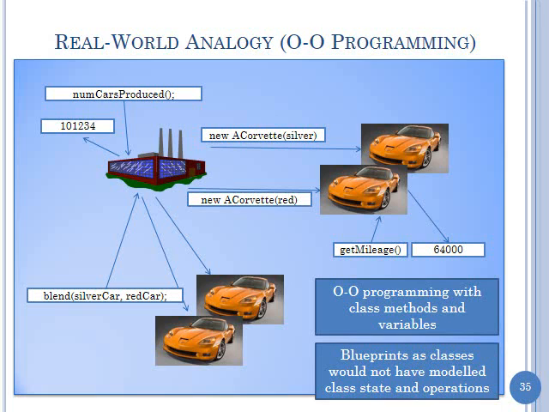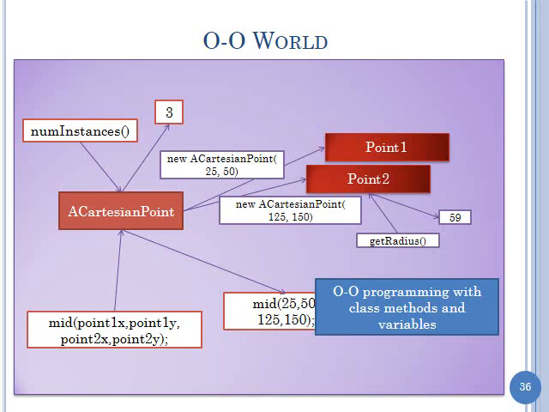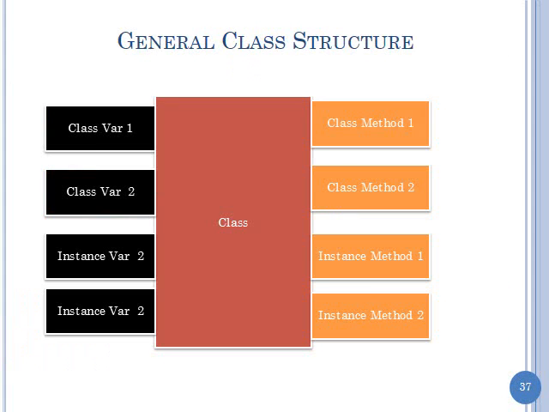Okay, so we've seen this analogy, and like I said, blueprints as classes would not have modeled class state and operations. So my general structure is class variables, instance variables, class methods, instance methods. That's what we do with the Cartesian point.